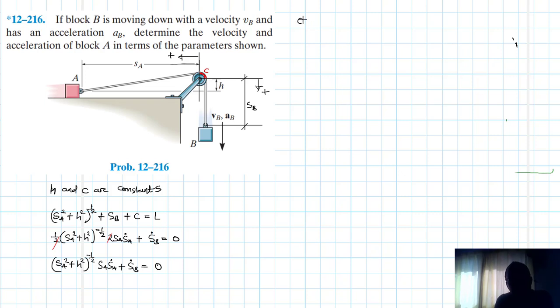Given that SA dot is equal to VA and SB dot is equal to VB, and SA double dot is equal to AA, the acceleration, and SB double dot is equal to AB.